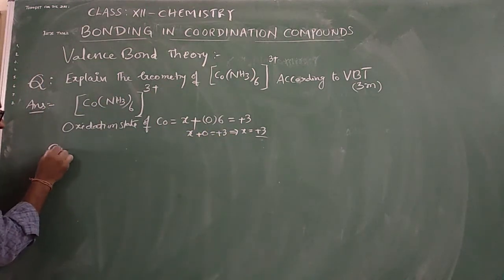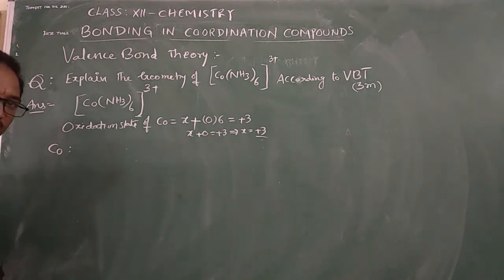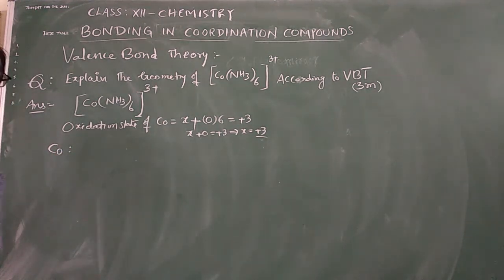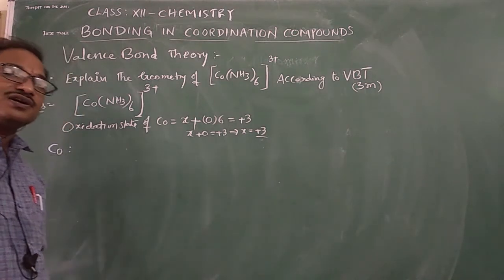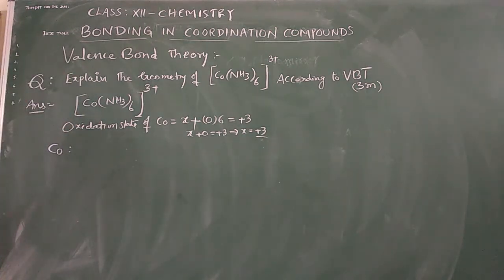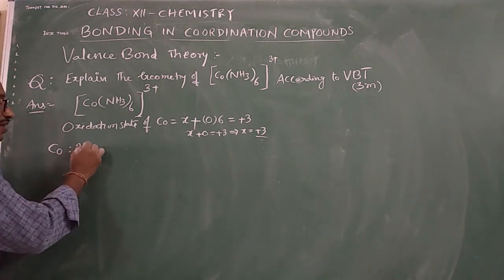So first you write the atomic number of cobalt. Scandium 21, titanium, vanadium, chromium 24, manganese 25, iron 26, cobalt 27. So cobalt atomic number 27.